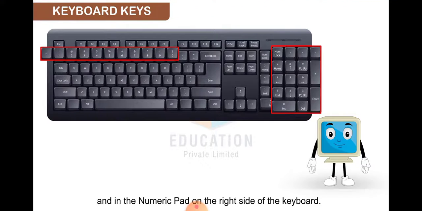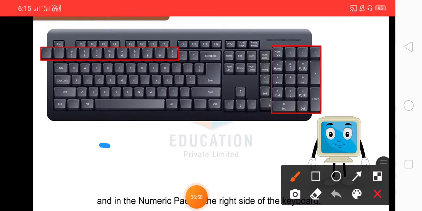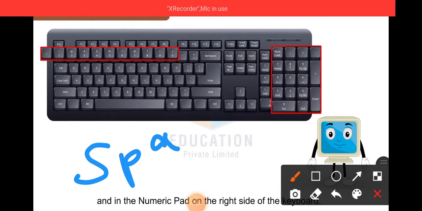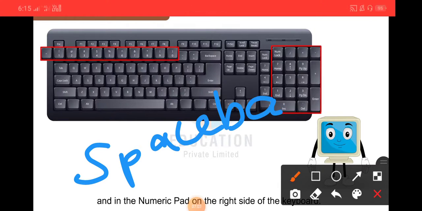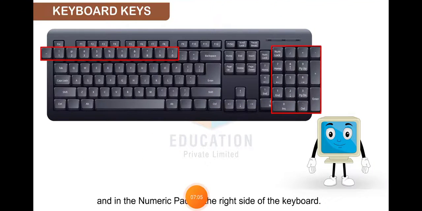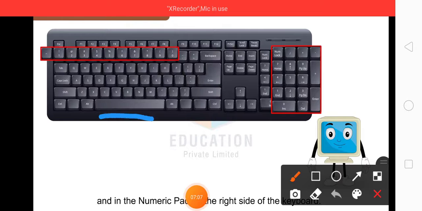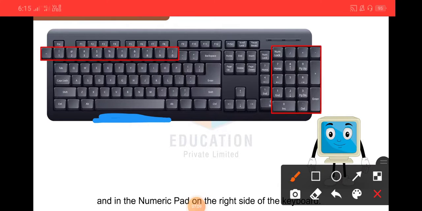Students, then we learn about another special key, that is the space bar. Here you see this one is the space bar key, the longest key on the keyboard, that helps us to give space between lines or letters or words.